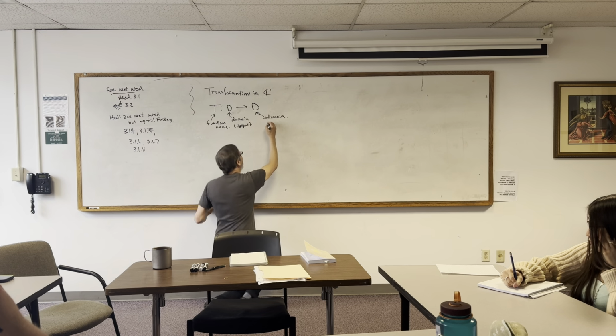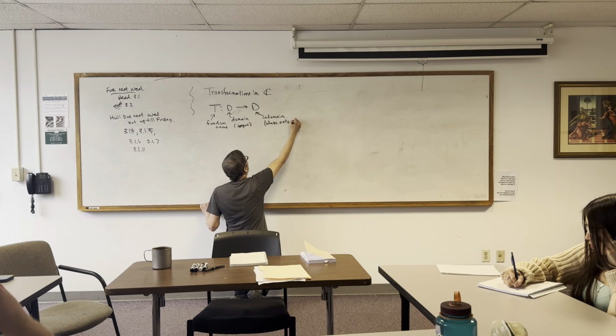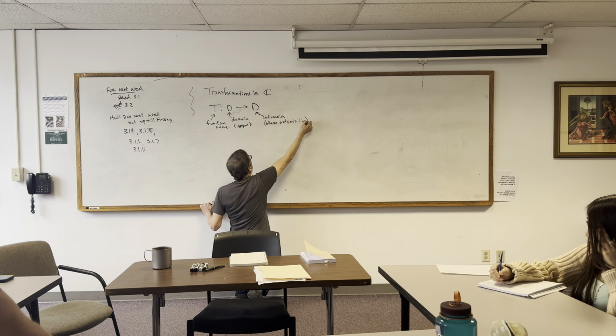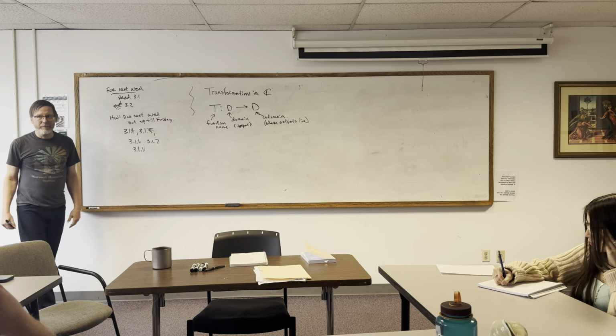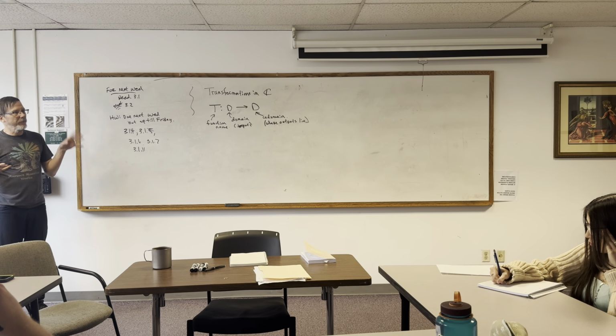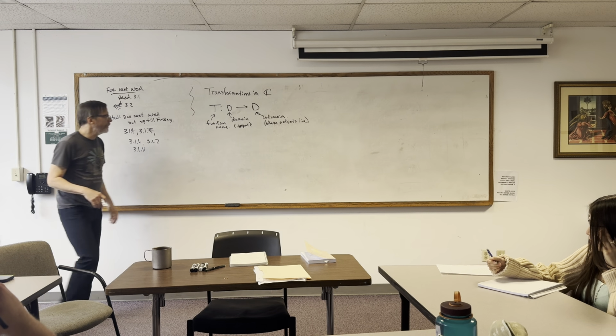This is the collection. This is not necessarily all the outputs, but it's where outputs live. And that will change for us from time to time about what D is going to be.